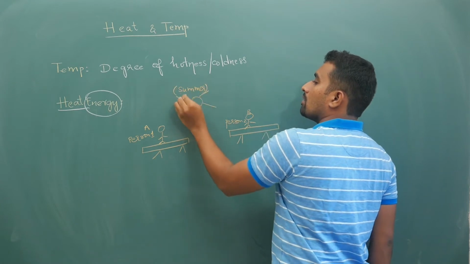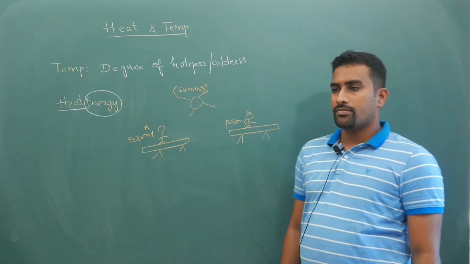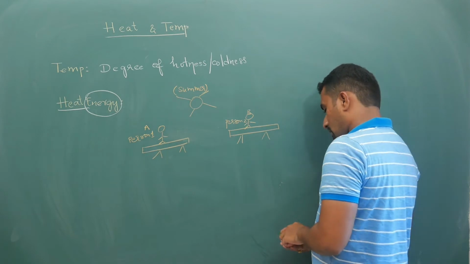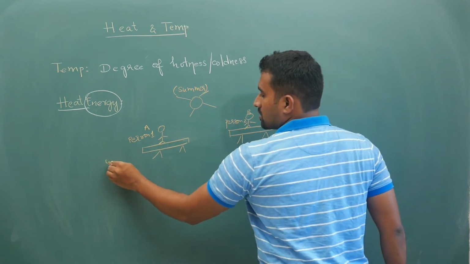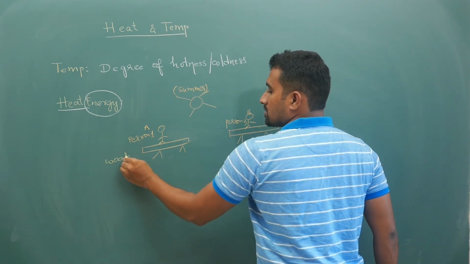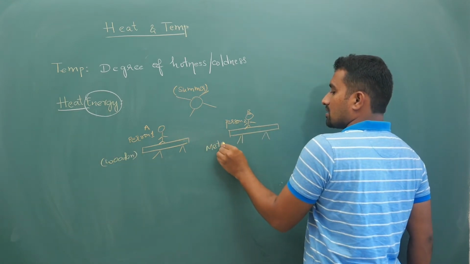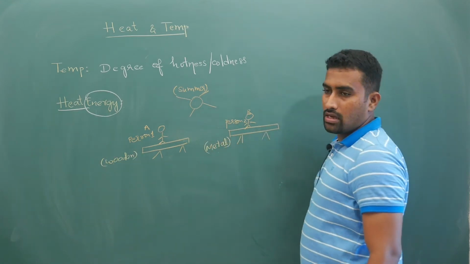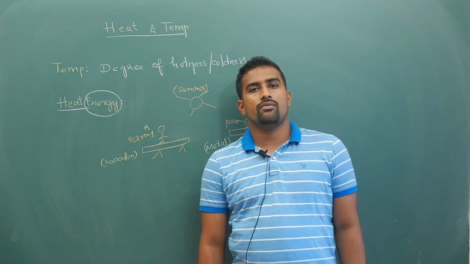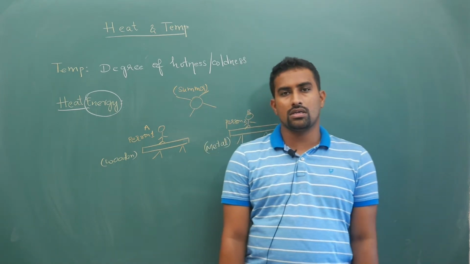Now if I give you this to be a wooden bench and this to be a metal bench, if you ask me which bench is hot, what is your answer?